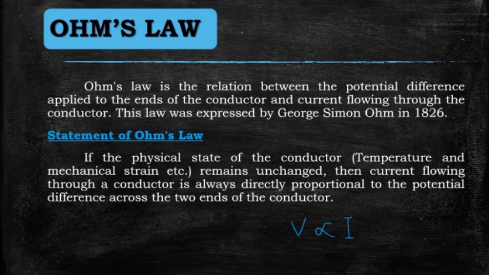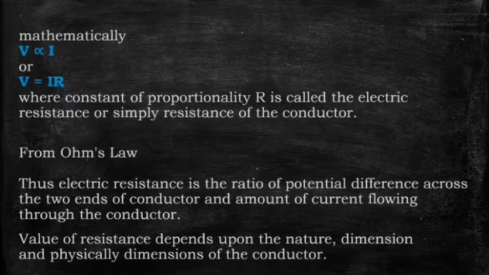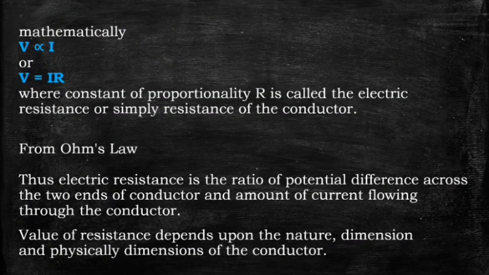We must make sure that the temperature and the mechanical strain of that conductor should be constant. It must not vary. If you are working at 27 degrees Celsius, that must be constant throughout the experiment. Then this Ohm's law, that is voltage is directly proportional to current, works correctly. So what I was discussing is voltage is directly proportional to current.